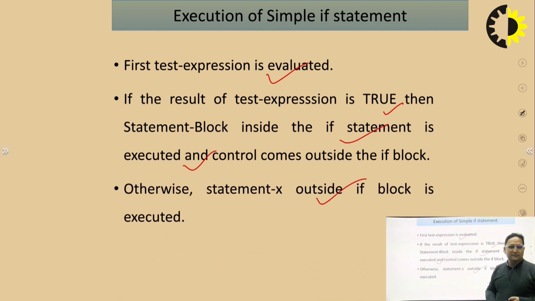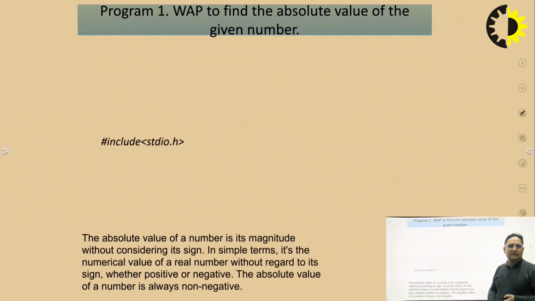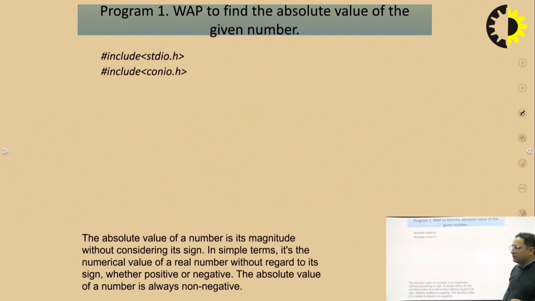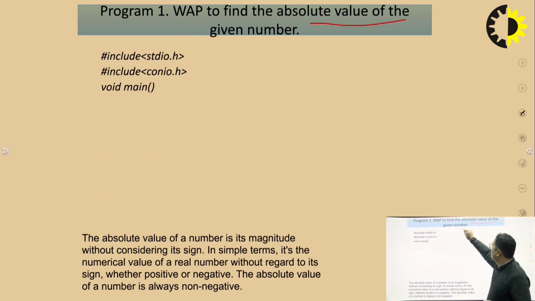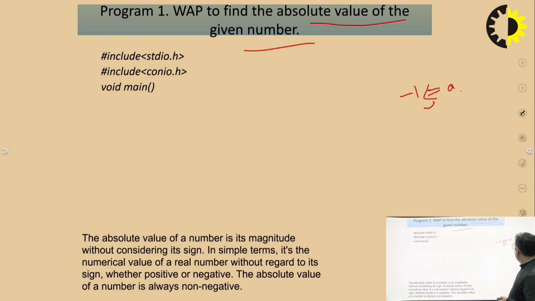This is correct. Now let's have a quick look at a simple program. What is the absolute value of a given number? So what does absolute value mean? Let's suppose you have -1 as the value of a.